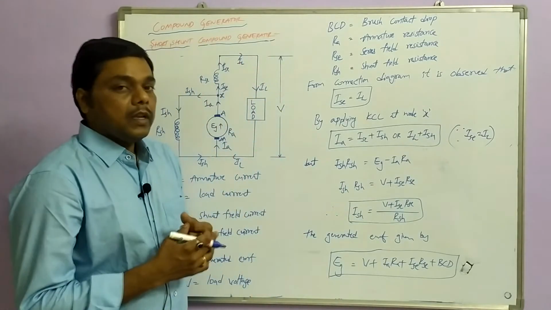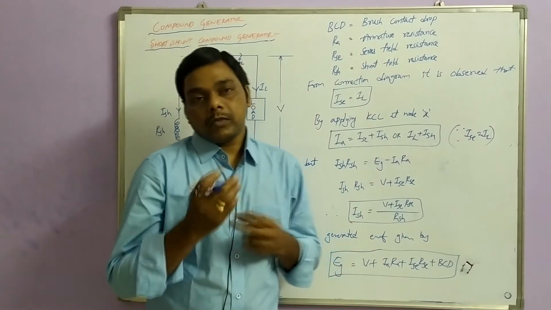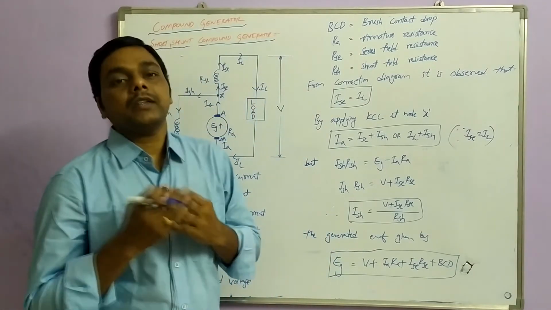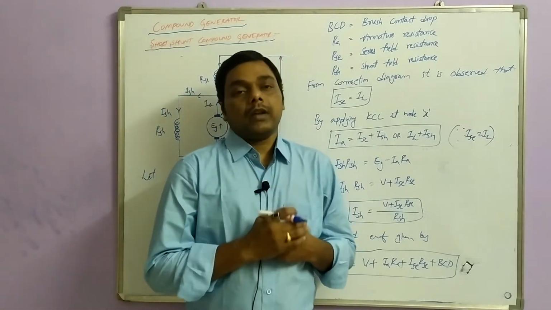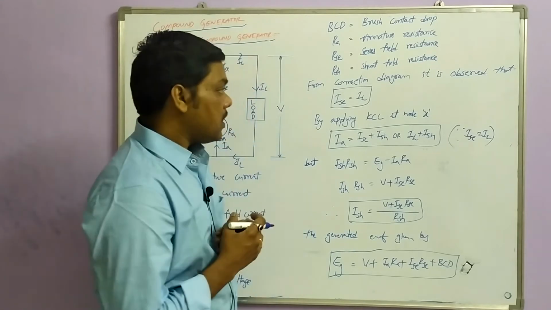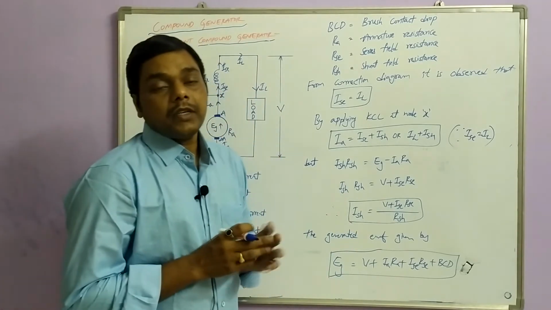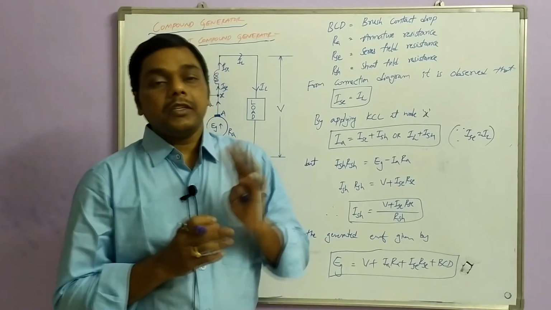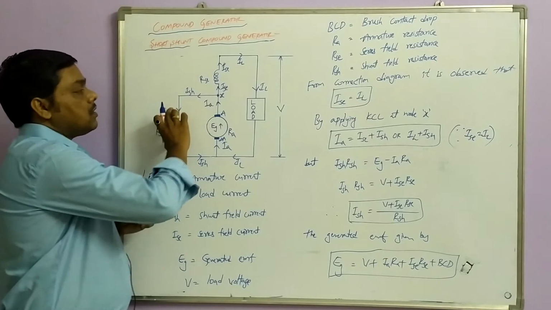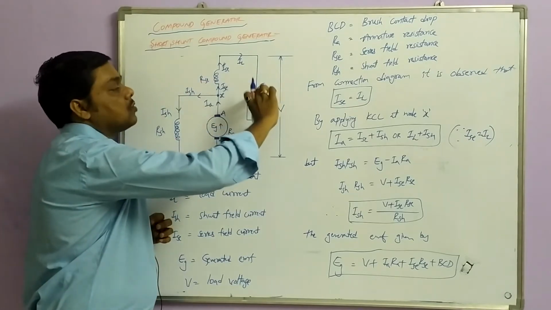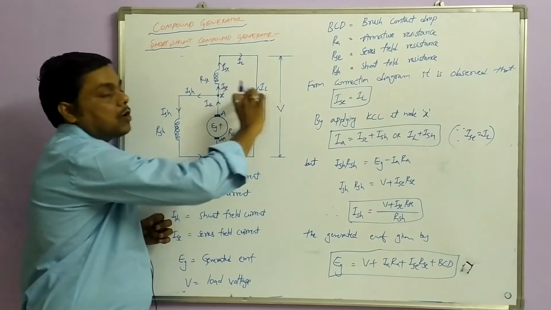But what is IL? IL is nothing but the current flowing through the load. It is given in terms of power, in terms of voltage, or it is directly given. But what about the shunt field current? Shunt field current calculation is very important. Unlike the shunt generator and the long shunt generator, it is not easy. The shunt winding is not connected in parallel to these two branches, namely the armature series and load voltage.